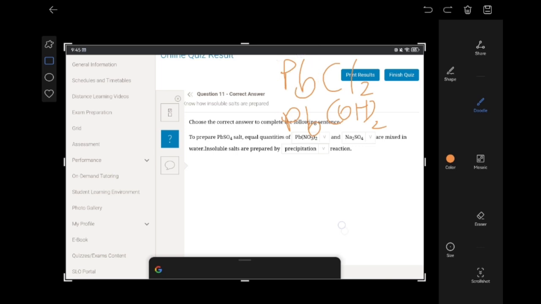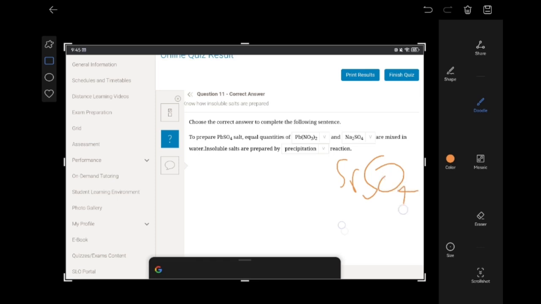The way you do precipitation, like I explained last time, is you mix two aqueous solutions. Because if one of them is a solid, obviously it's not going to react. You're trying to get something insoluble. Also same here. The way you can tell is because of SO4. The other two options were SrSO4 and BaSO4.